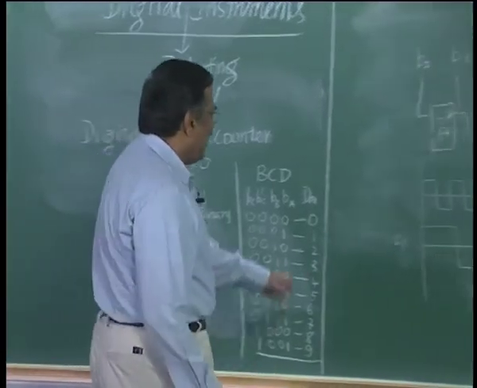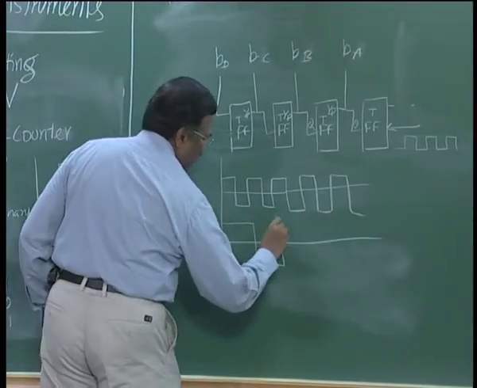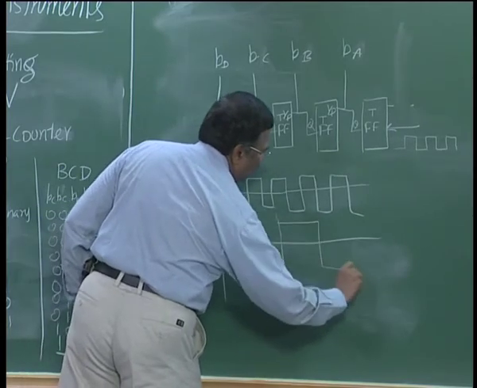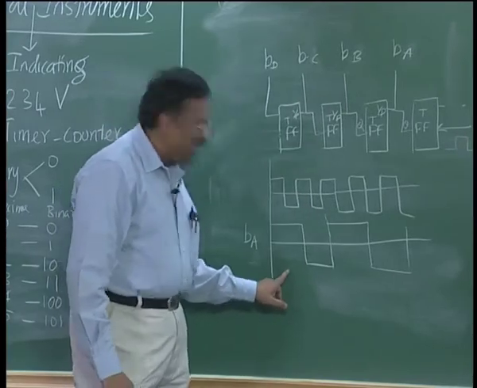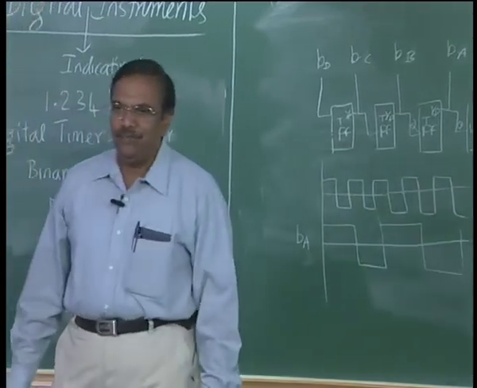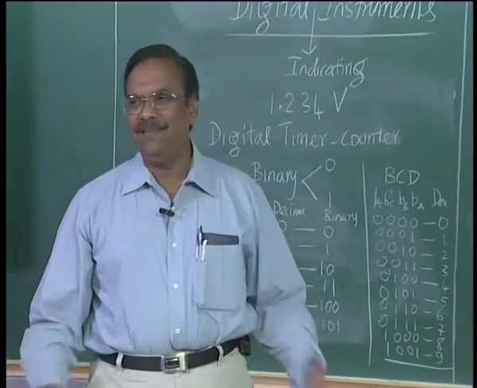I can derive that B A would be the input divided by 2, and B B would be B A divided by 2, and B C would be B B divided by 2, and B D would be B C divided by 2.